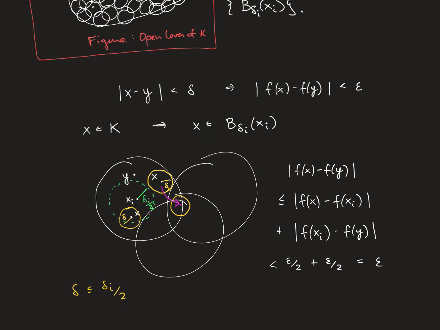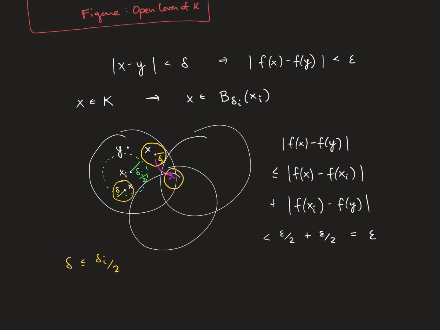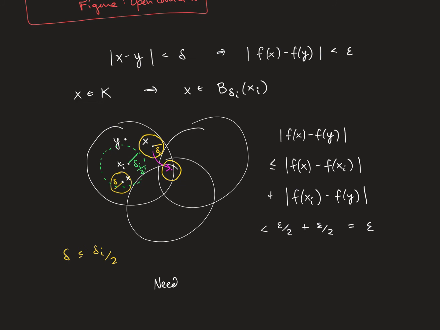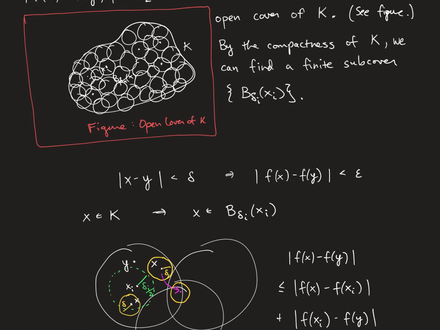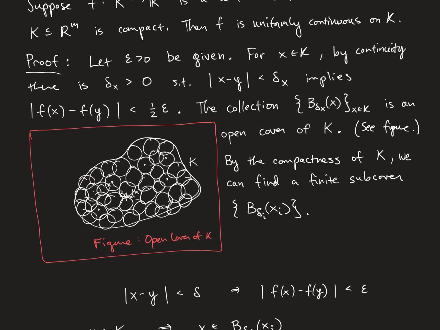So what we need then is for x to be in the ball of radius delta sub i over 2 around this x sub i. So what we really need is a cover of K by the delta sub i over 2 balls around x sub i, not the delta sub i balls.